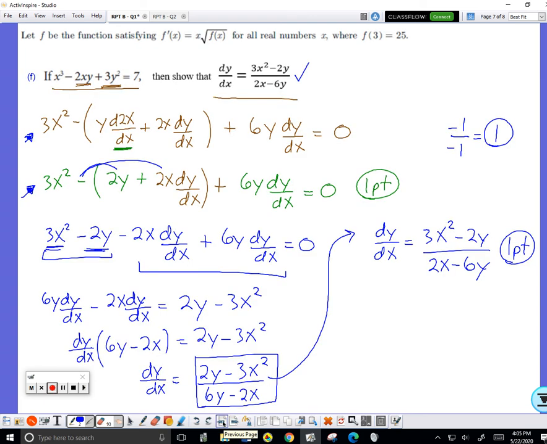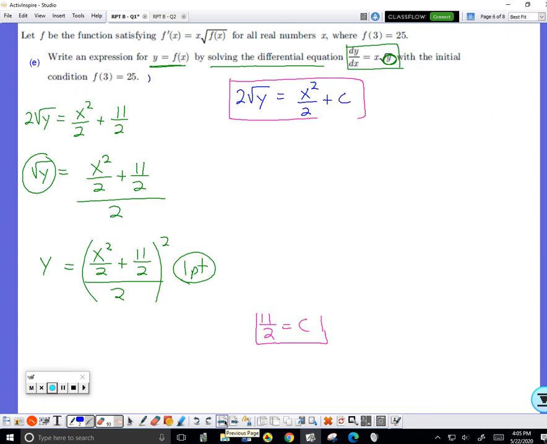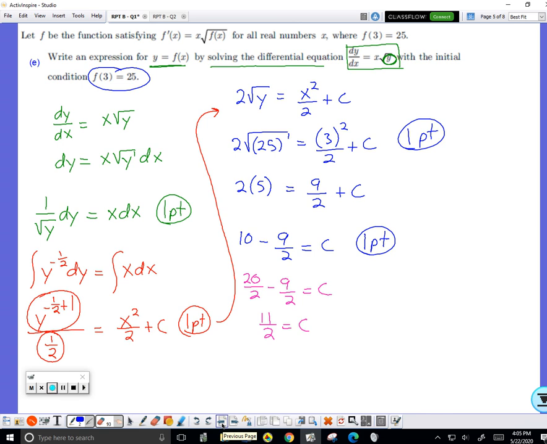Let's just make sure here. So part F was worth a total of 2 points. Back here, part E was a total of 5 points. Yep. That puts us at 7 so far.